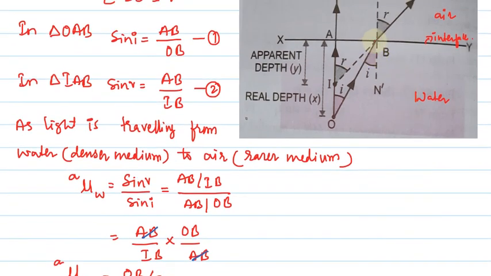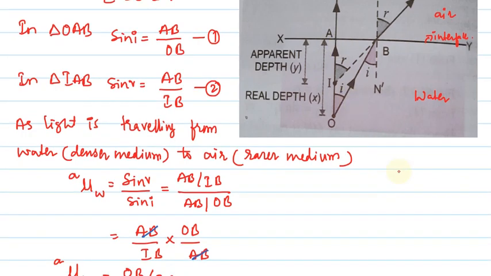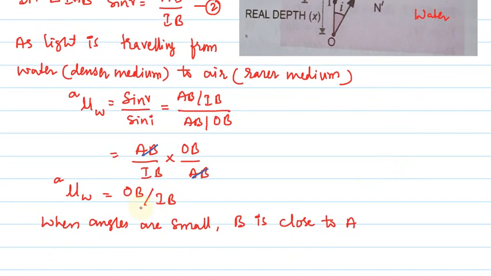This is B. When angles are small, B will be close to A, and OB will become OA and IB will become IA. Then we can write this relation as the refractive index of water with respect to air is equal to OA upon IA.